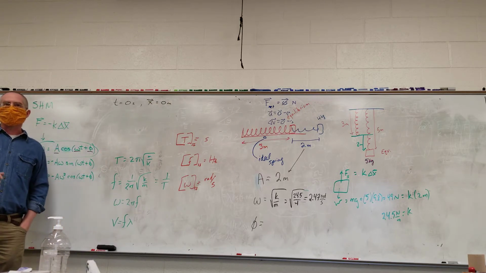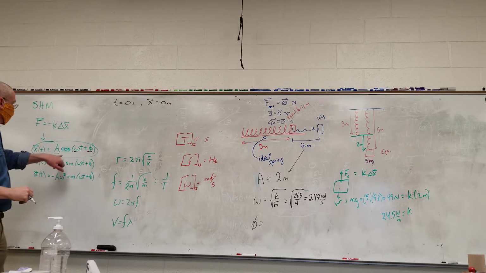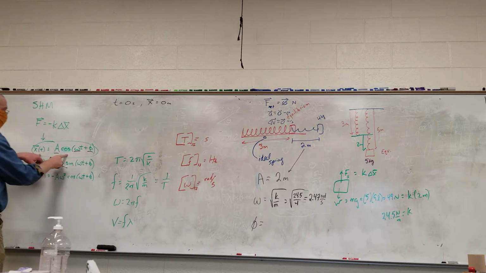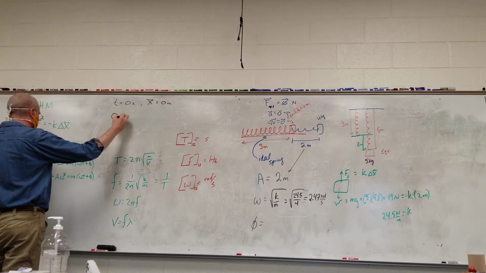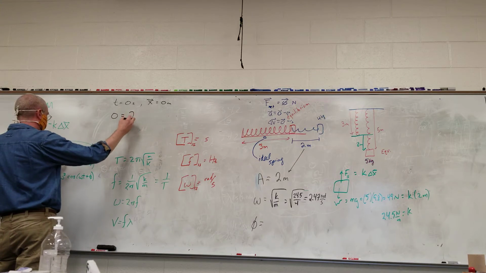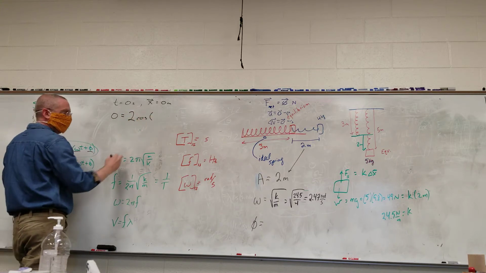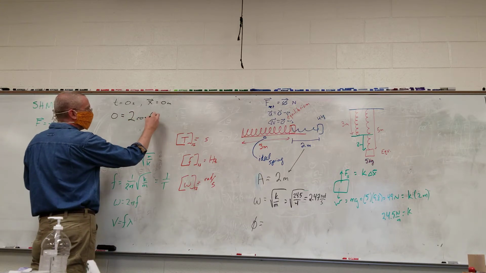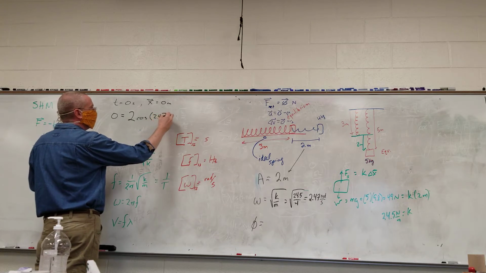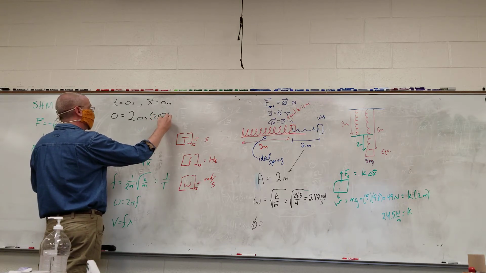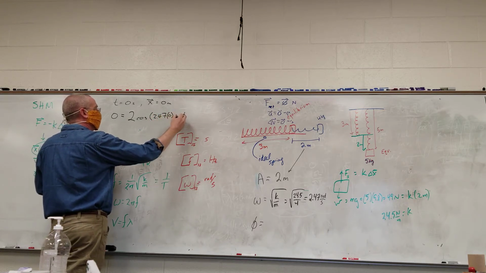So plugging in, I have 0 equals my amplitude times the cosine of 2.47 times 0 plus phi.